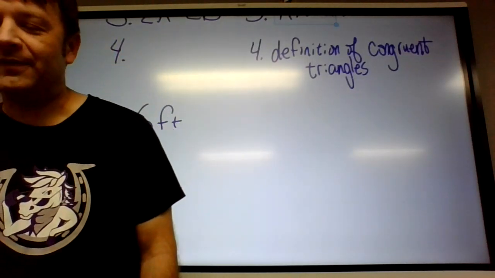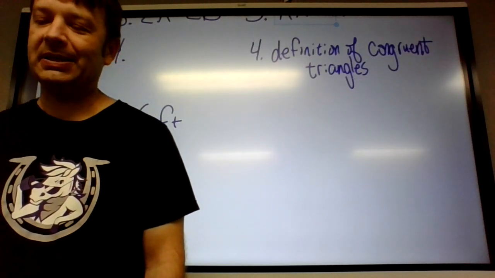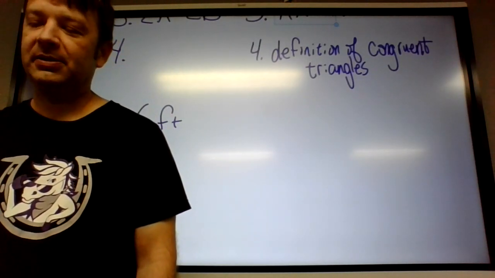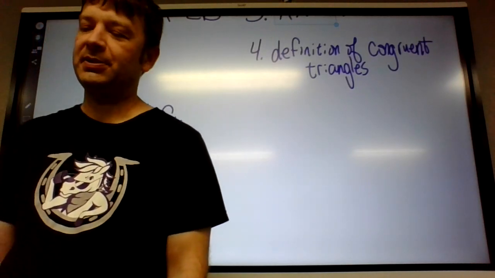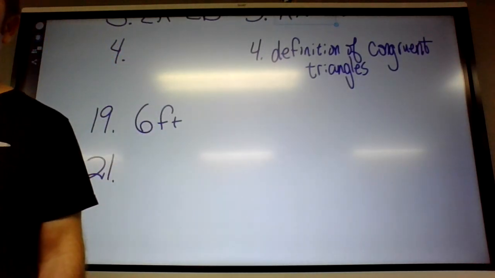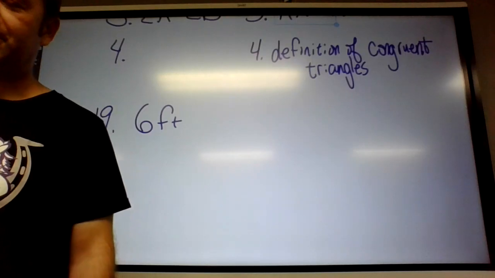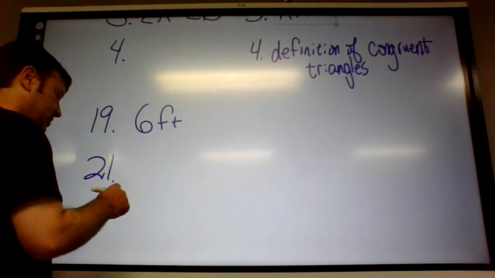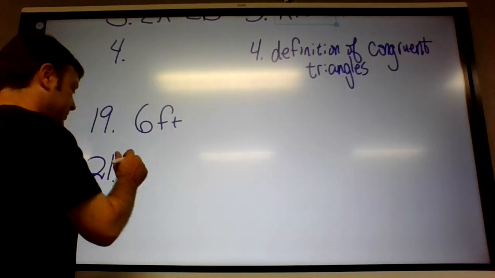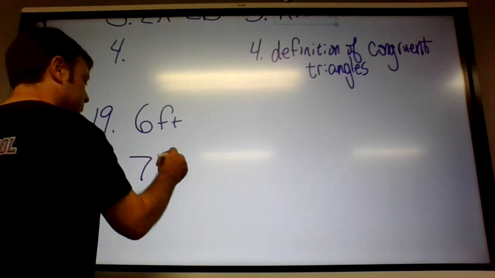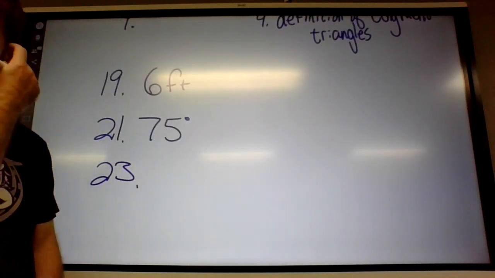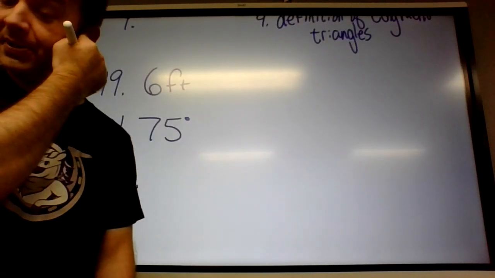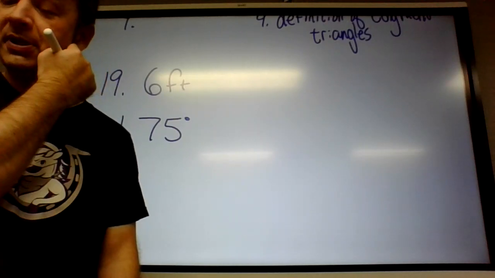What's the measurement of angle C? 75 degrees. Normally you wouldn't call that angle C, but since there's nothing going on below, I guess they thought it was okay. And then the measurement of angle ABC.